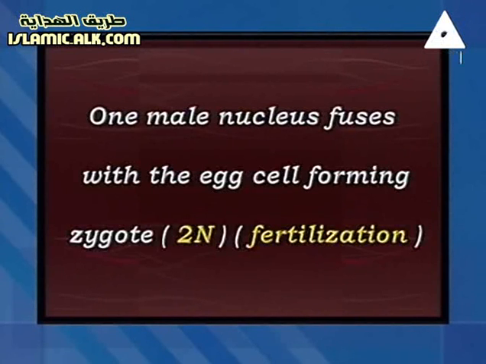What does double fertilization mean here? One male nucleus fuses with the egg cell and forms a zygote, which is 2N. This is fertilization: just the fusion of the male reproductive gamete with the female, forming a zygote. That is what we know.